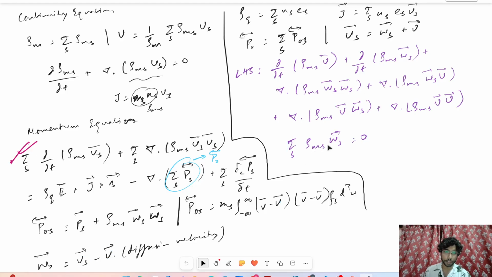So this will be rho ms us minus rho ms u, and rho ms us, if you do summation over all the s, will actually become rho ms times u minus, so it will become mu minus mu over all the species.